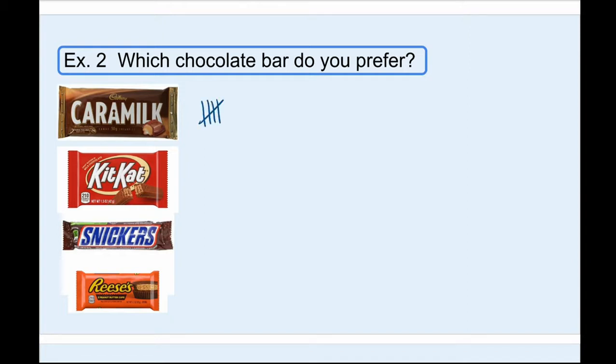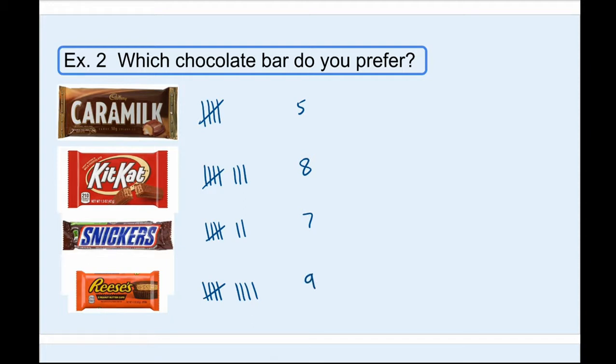We get 5 people would prefer a caramel. 8 people prefer a Kit Kat. 7 people prefer a Snickers. And 9 people prefer a Reese's Cup. So 5, 8, 7, and 9.